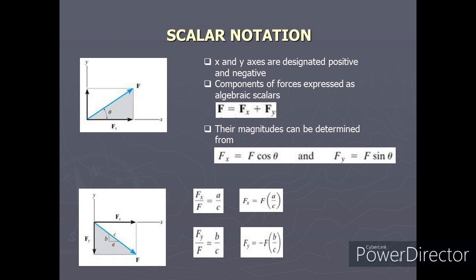The adjacent is Fx over hypotenuse F, and this is equal to cos theta. So Fx is equal to F cos theta. Similarly, Fy will be equal to F sin theta. These are the scalar notation, the magnitudes. These are not vectors. They are not in vector form. Are you following?